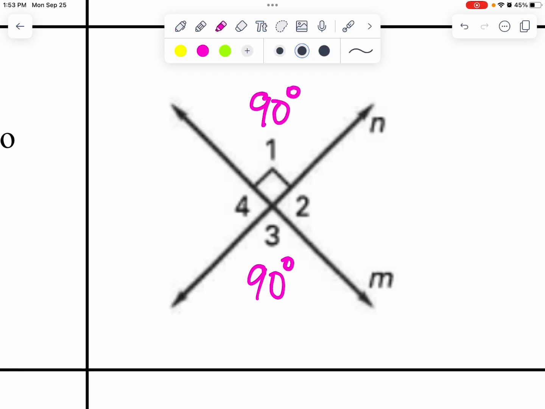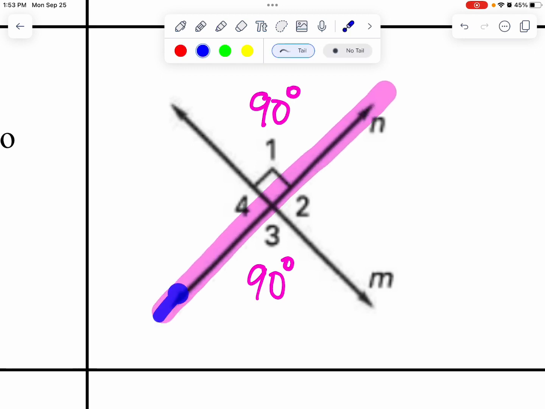Let's see if we can take this a little bit farther, though. Let's highlight one of these lines. Doesn't matter which one, I'll look at this one. You know that lines have 180 degrees in them, right? And if this is 90 degrees, can you do some mental math to figure out what this one is? If they add up to 180, and if this side is 90, then I hope you recognize that this side is also 90.